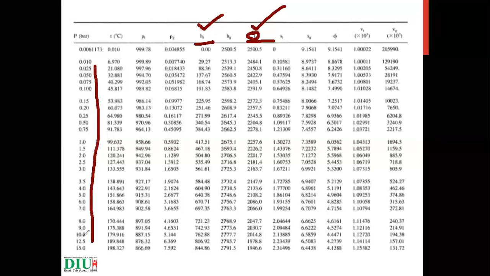From 10 we'll go directly along this line, and we see this is our sensible heat and this is our latent heat. So using this steam table we will take those two values and go back to our mathematics one more time.